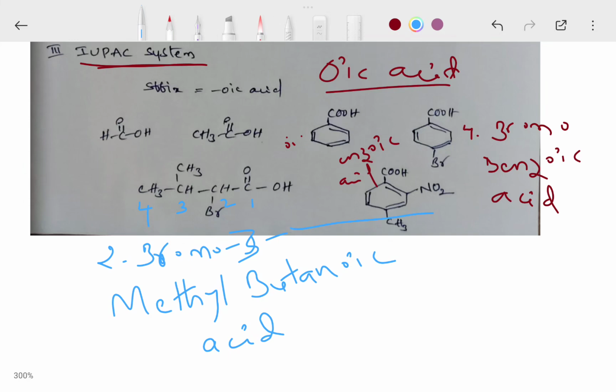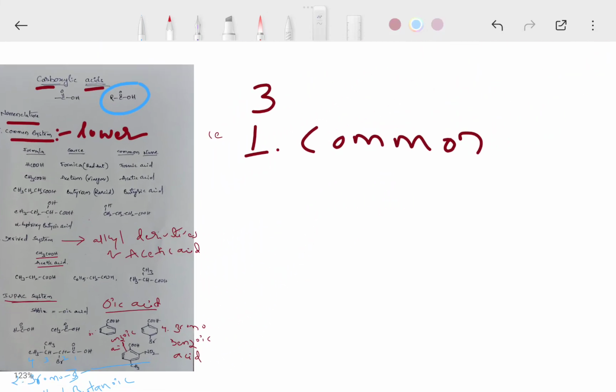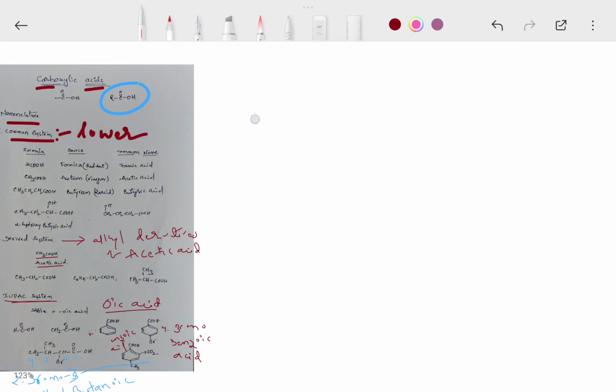You can write a number of examples. For example, benzene with COOH and CH3 at the ortho position is orthotoluic acid.